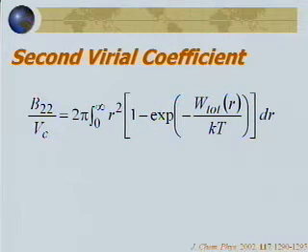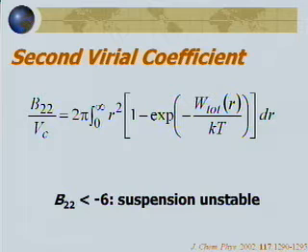And what the authors said was, generally, if B2 is smaller than -6, the suspension starts to behave unstable.